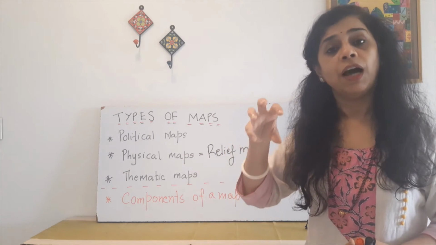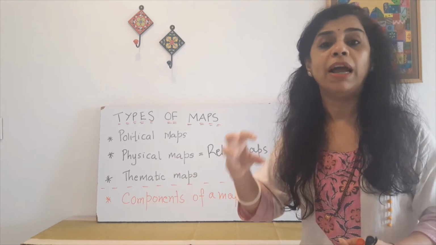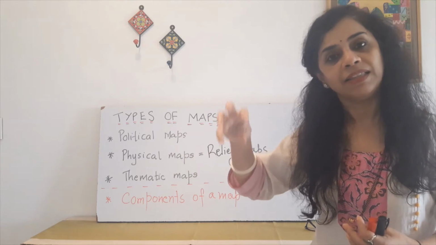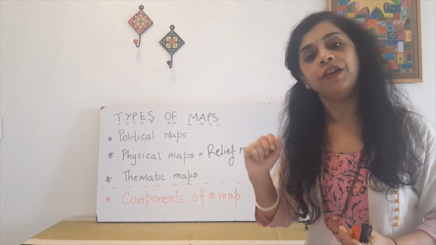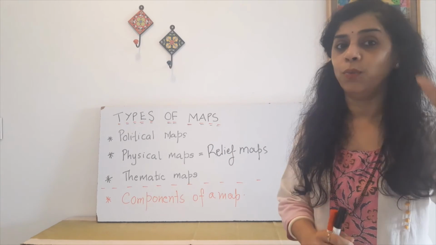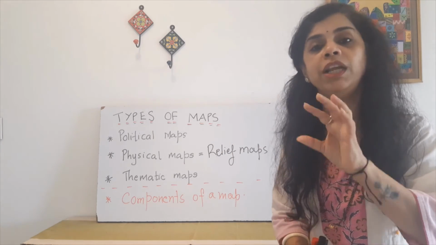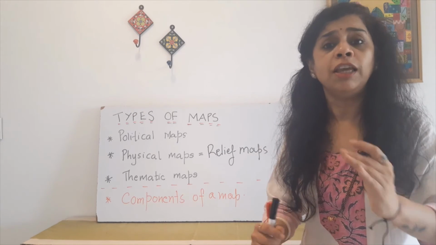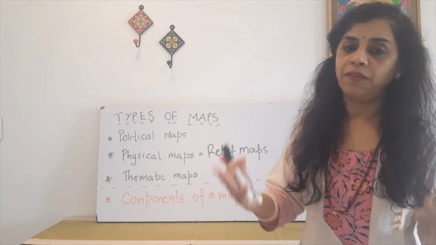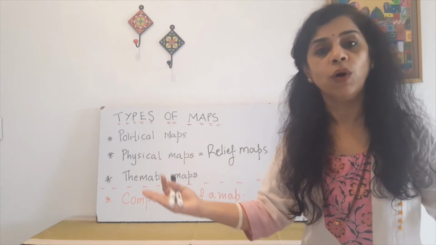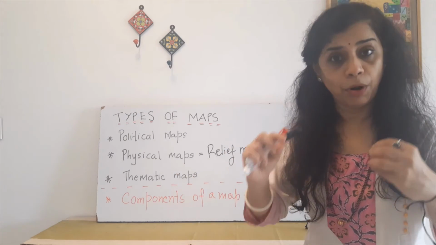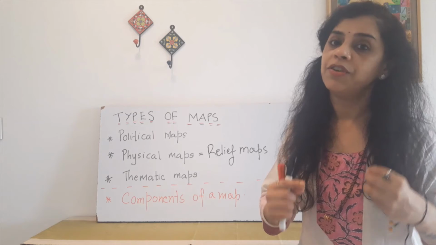So if I want a map of only wildlife in Goa, then that map will represent only the wildlife in Goa. If I want the wildlife in India, then the map of India will focus only on the wildlife. So the theme may be anything. It can be mineral resources. Maybe in the world, then all the areas where you find mineral resources are plotted.